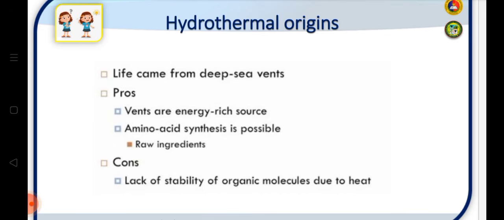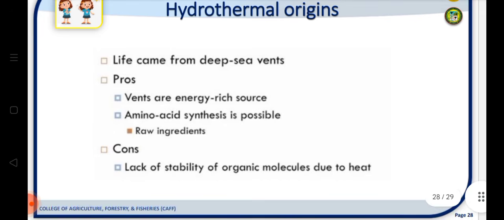Deep sea hydrothermal vents are energy-rich environments because these vents release heat and chemicals like hydrogen sulfide that could power chemical reactions, a potential energy source for early life. Another one, raw ingredients for life are found in deep sea hydrothermal vents. The mineral-rich water could support amino acid synthesis and other organic molecules, providing the building blocks of life.